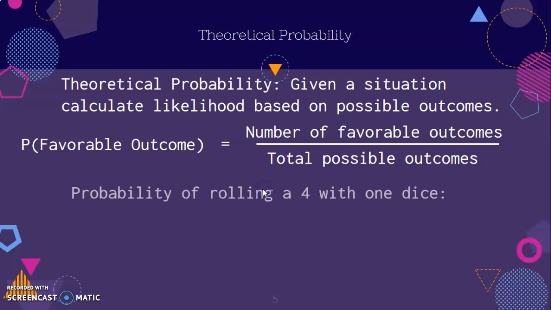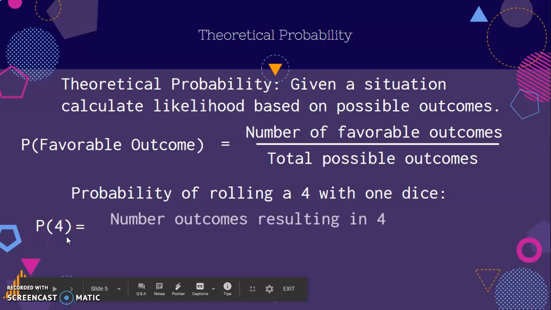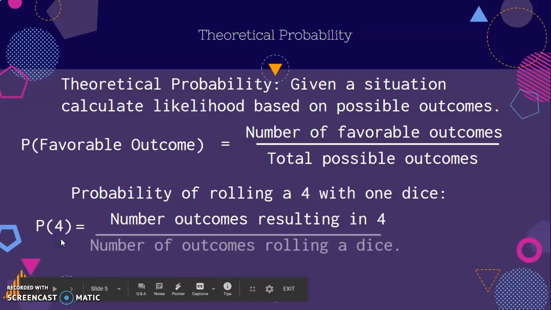Okay. And so here, what I've been explaining, the probability of rolling a 4 with 1 dice, how we set that up is we just put the probability of rolling a 4 is equal to the number of outcomes resulting in 4. So if we roll just one time, how many ways can we get a 4? Divided by the number of outcomes for rolling a dice. When I'm about to roll that dice, how many different outcomes are possible total?